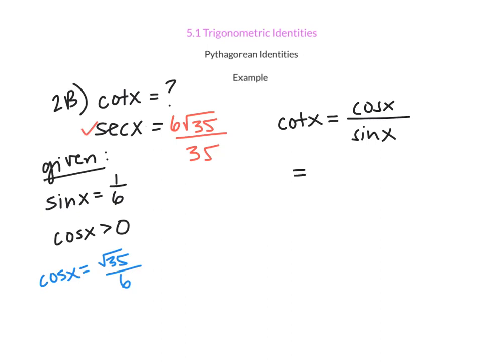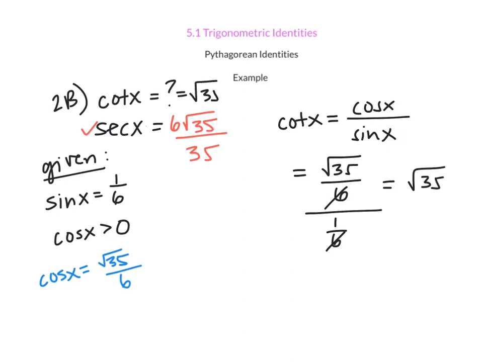We know both of those. So the cosine is root 35 over 6. The sine is 1 over 6. Root 35 over 1 is just the square root of 35. Cool. So we found both of them.